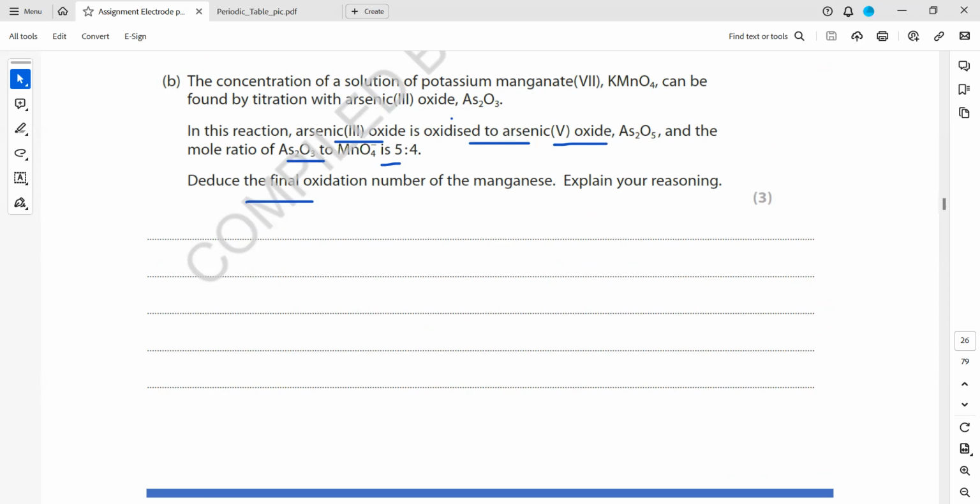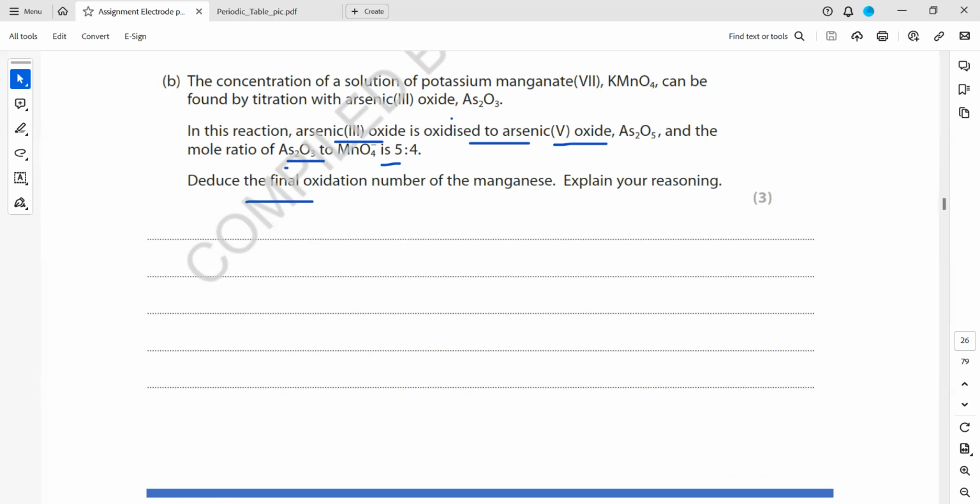First, we try to make the equation for the reaction between arsenic 3 oxide, like when arsenic 3 oxide is there, it will convert. And we have manganese, because we have to write, the ratio between them is 5:4.